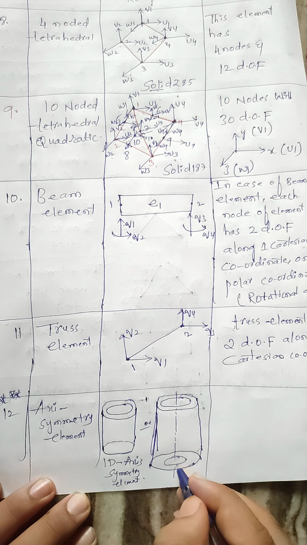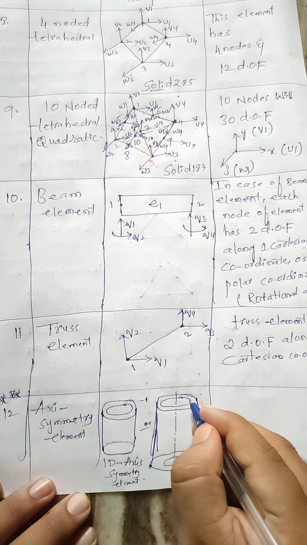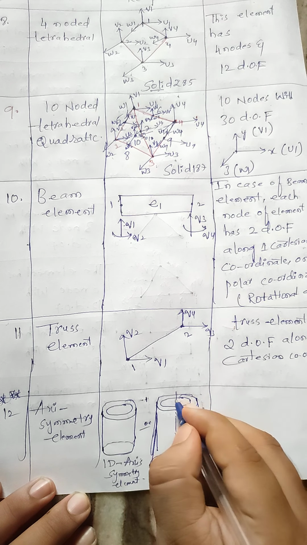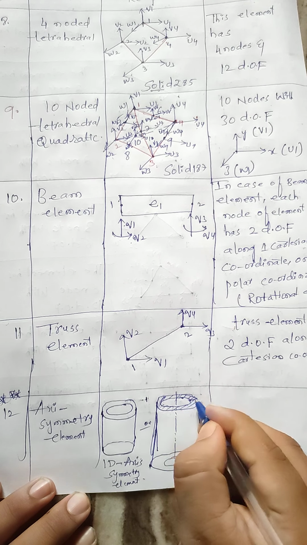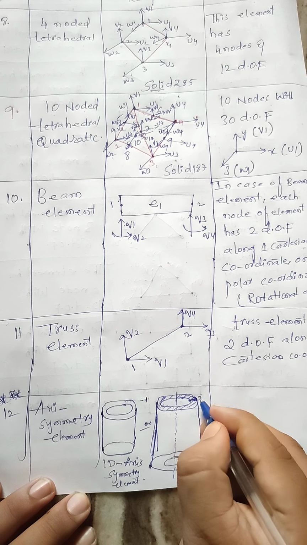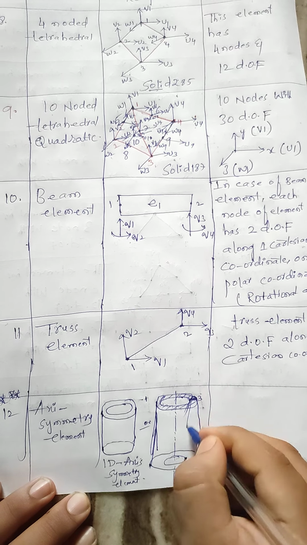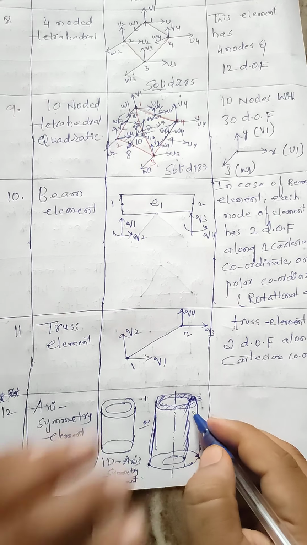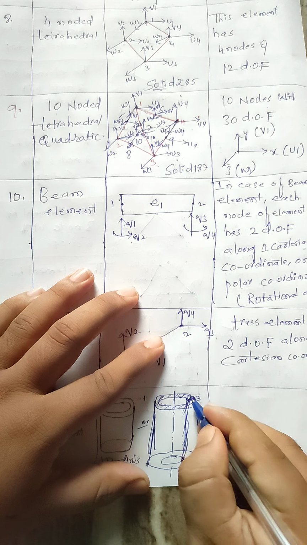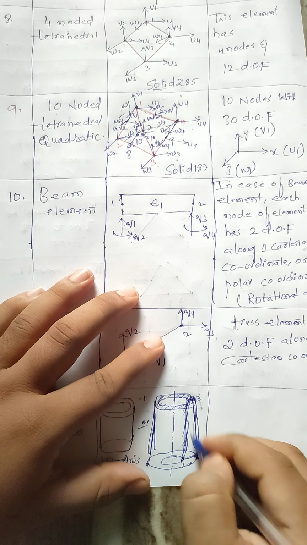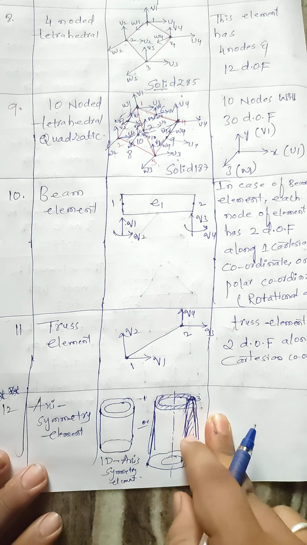So here this is the first node and this is the second, and this one we can say is the third node. We have to join this in this way. Okay, let us see.